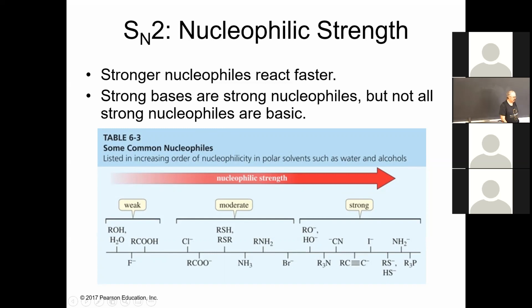We have the moderate ones, and then we have the stronger nucleophiles. Notice the stronger ones all have a negative charge. I guess except for, well, the phosphine doesn't. Well, most of them have a negative charge.